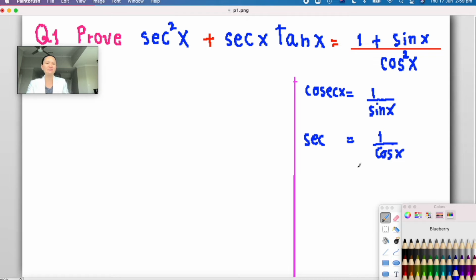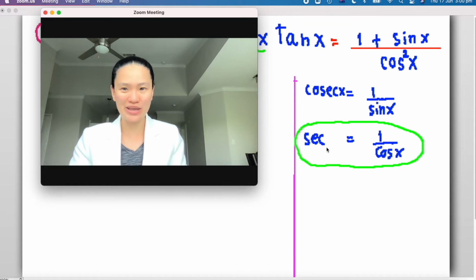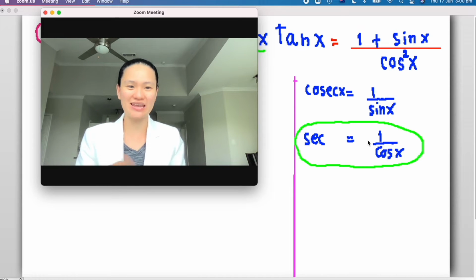And okay, that's it that we're going to apply. Can you see something? We can see that sec is here. Sec is here as well. So basically, generally speaking, we're going to apply this rule. Sec equals 1 over cos x. Go to the next one.